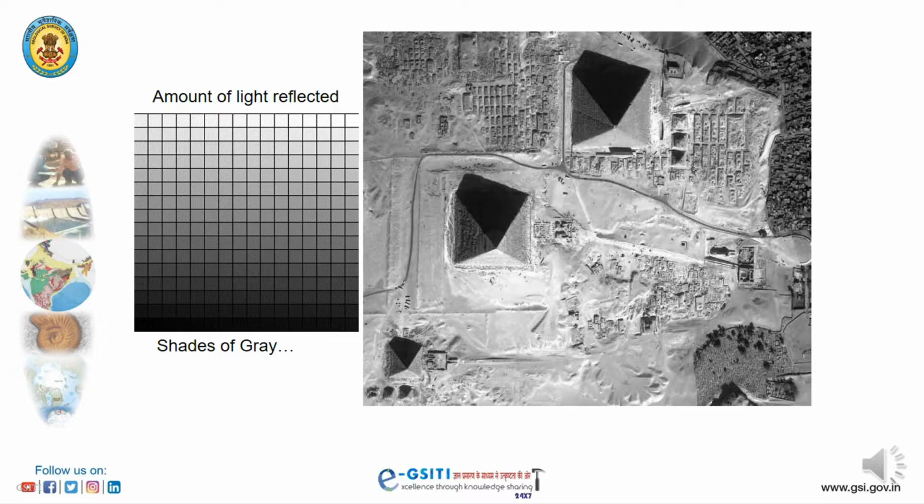Some of the features show as a rough surface in the form of buildings, trees, and you see the brighter pixels or brighter shades in the form of sand or a smooth surface. So, if we are getting a particular image, we try to observe that in different shades of gray as the amount of light reflected from the surface.